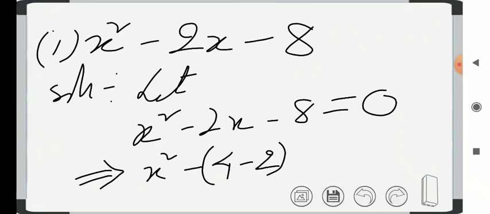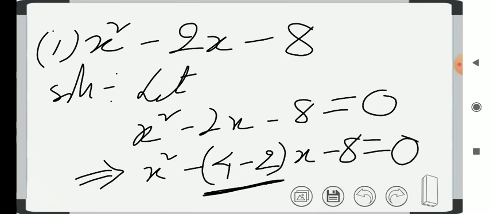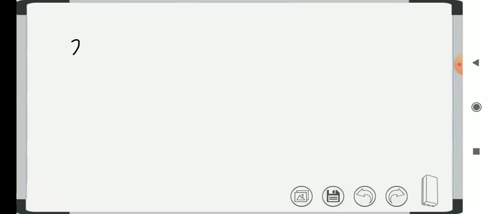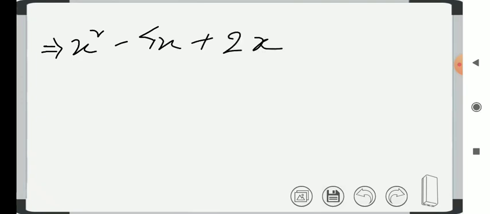Since 4 minus 2 becomes 2, we write x square minus 4x plus 2x minus 8 equal to 0. Now let us open the brackets in the next step: x square minus 4x plus 2x minus 8.